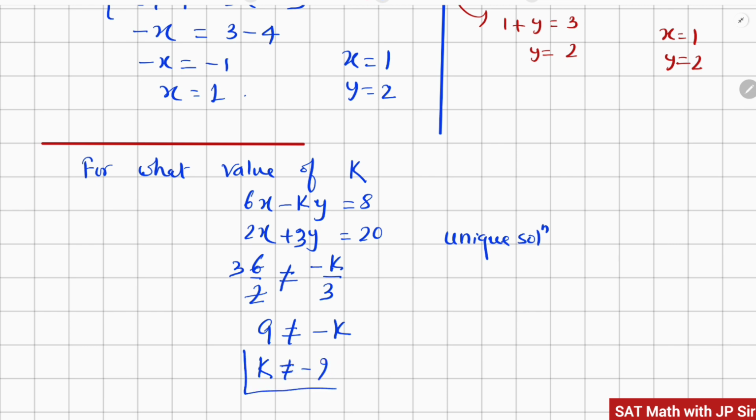So this is our answer. I mean, for this system of equations to have a unique solution, k should not be minus 9. It can be anything but minus 9. So we do these questions like this.